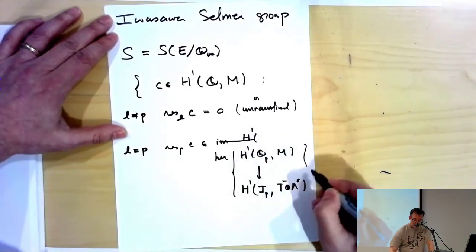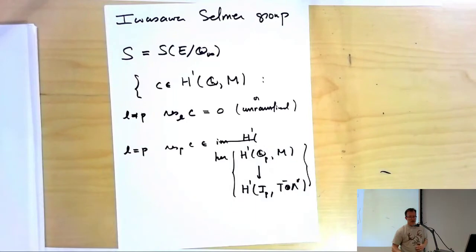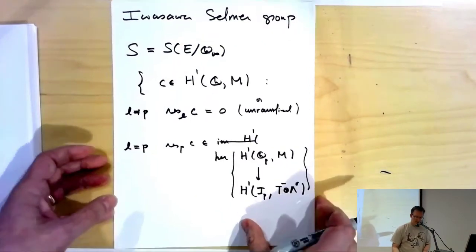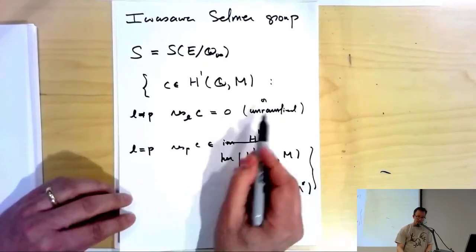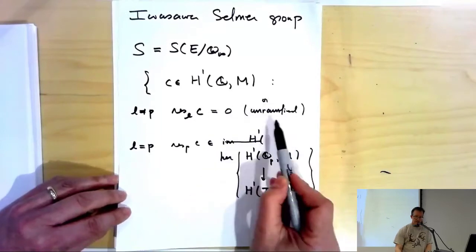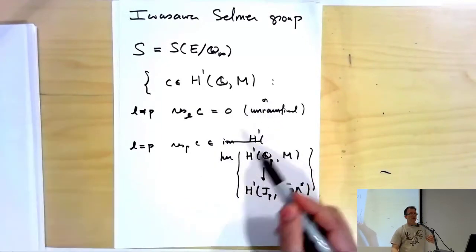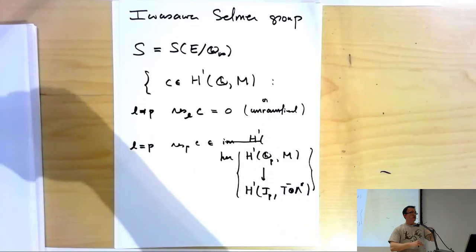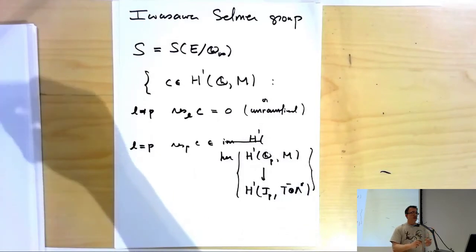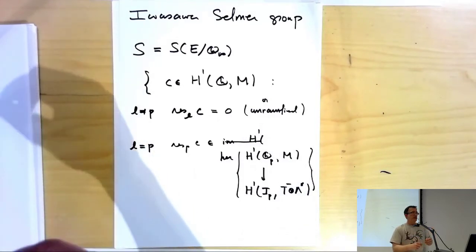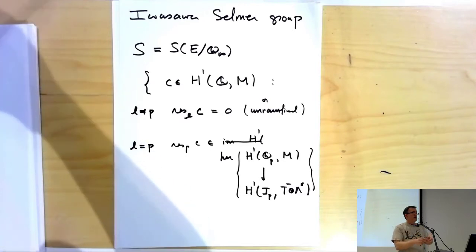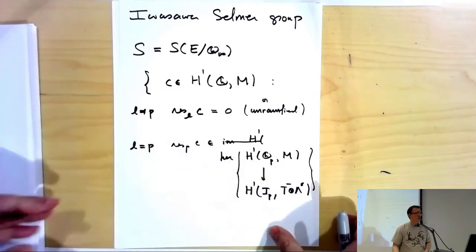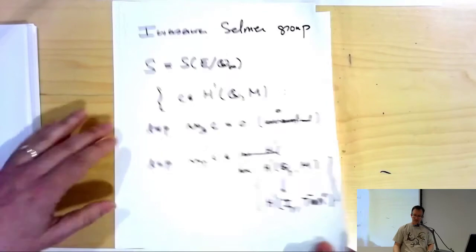Essentially, the reason that these conditions would be the same is that, as has been mentioned before, in this particular large ZP extension, every prime different from P only splits a finite number of times, and then it's inert for most of the way.